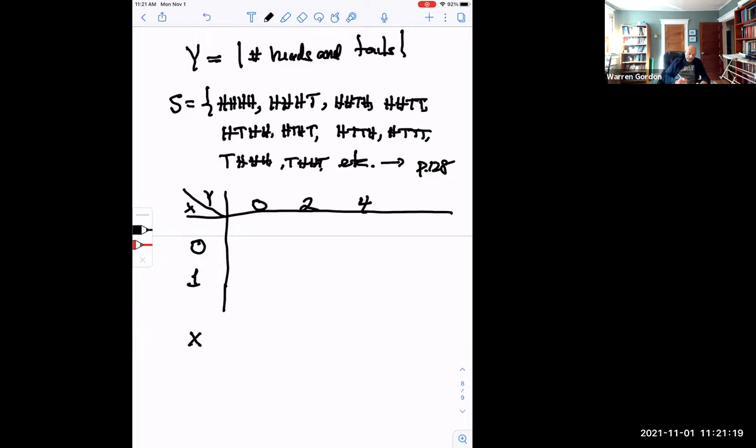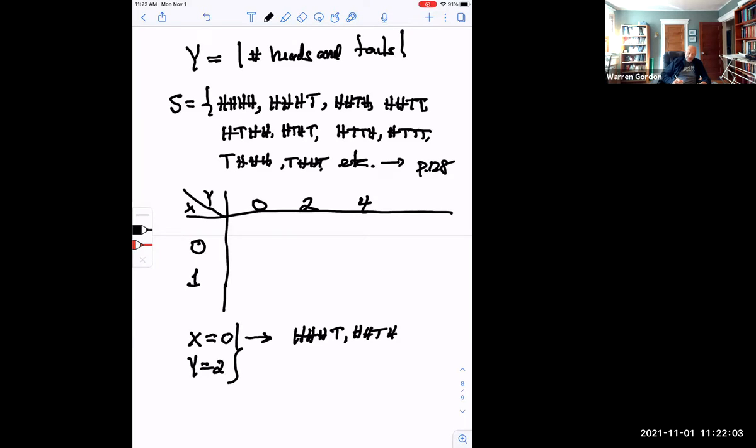If X is 0, what does that mean? It means the first toss is a head. In order for the first toss to be a head, I get H, H, H, T, H, H, T, H. Because what I want to do is compute this as an example.